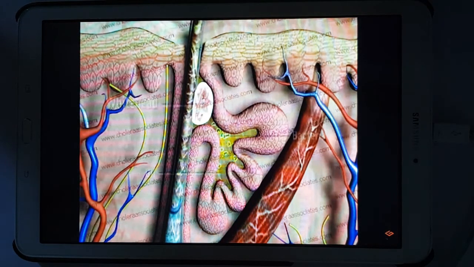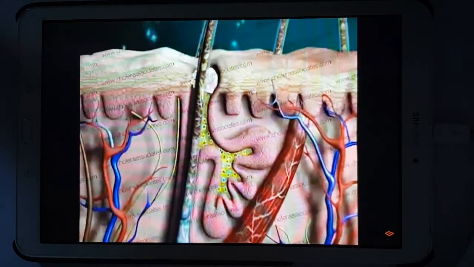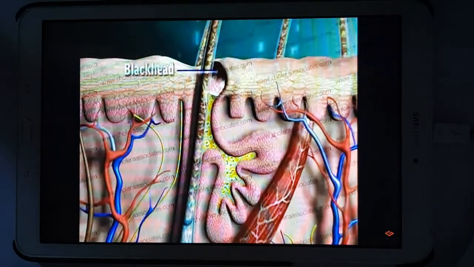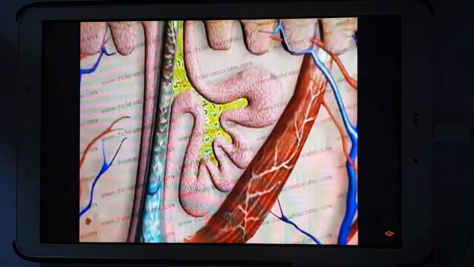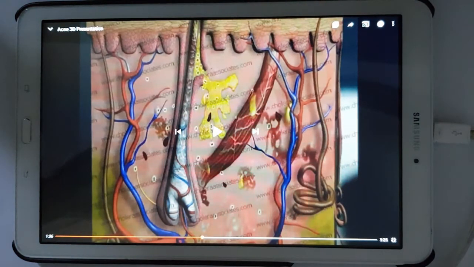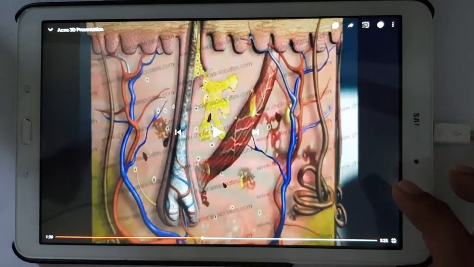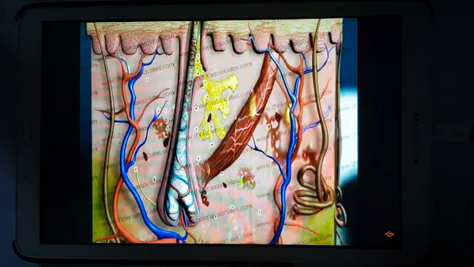It's not exposed out, it forms whiteheads, and slowly part of it will be seen outside, and the melanin gets oxidized, and you get a blackhead, right? So serious conditions of this can lead to serious infection, can lead to other acne conditions.